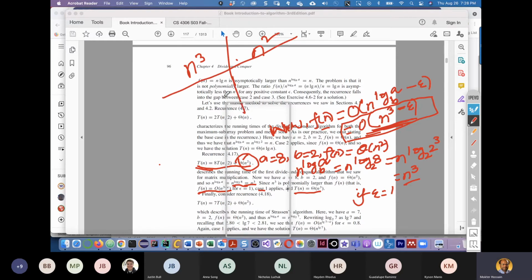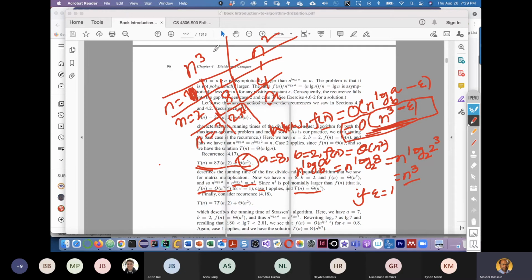For any value n, for instance, for n equal to 1, this side equal to 1, this side equal to 1. For n equal to 2, this side will be 8 and this side will be 4. For n equal to 3, this side will be 27 and this side will be 9.